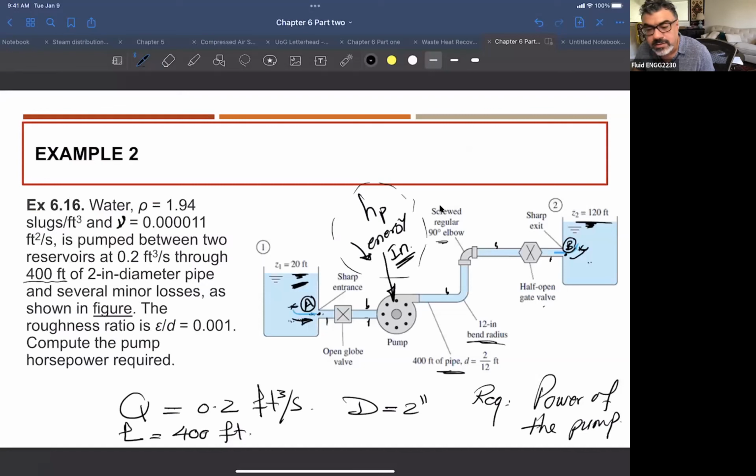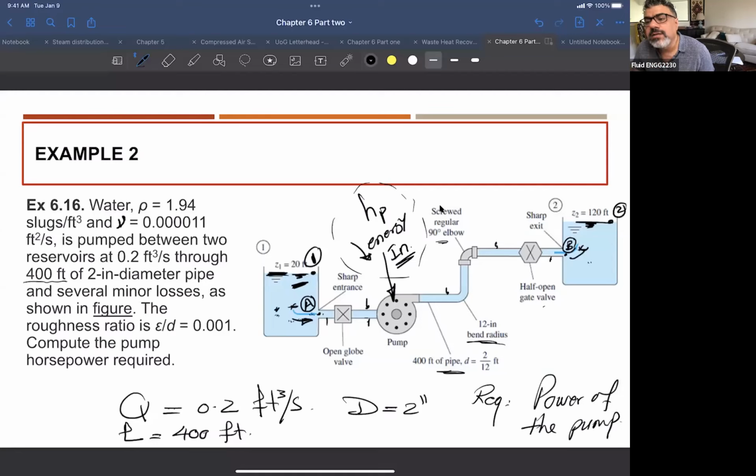Okay, let's go back one step. What I talked about for some time is the energy of the tank: the level of the tank is the energy. If you take any point inside the tank, the energy at that point is the same. You can take this point 1 and this point 2, right?